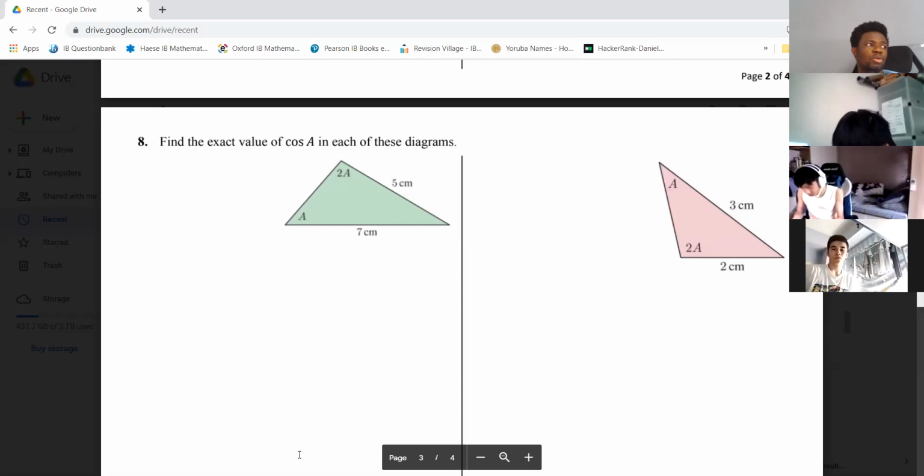Pi over 4 could be in the first quadrant, or pi over 4 could be in the third quadrant, right? If in the first quadrant, pi over 8 is definitely positive. In the third quadrant, when you divide by 2, it is obtuse, so it should be negative. So just leave it as both because there's no specification. Leave either tan pi over 8 is equal to this, or tan pi over 8 is equal to that. Leave it as both, since there is no specification. You get what I mean?